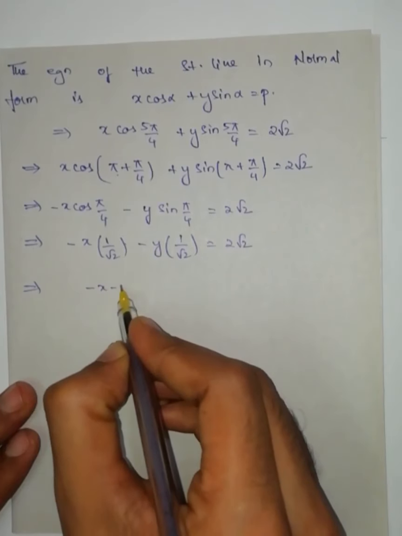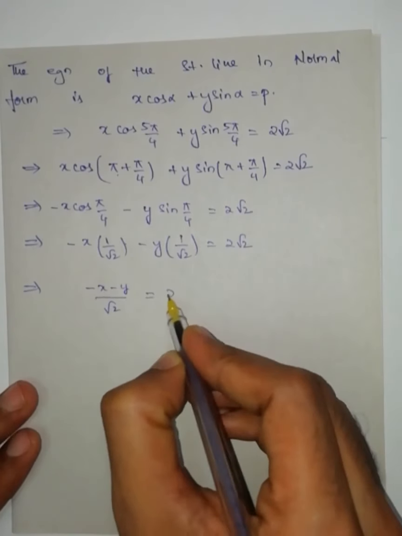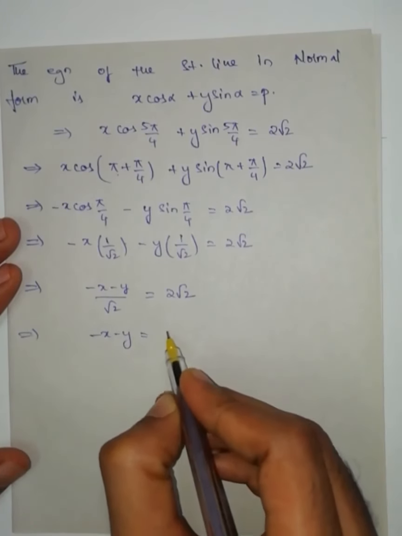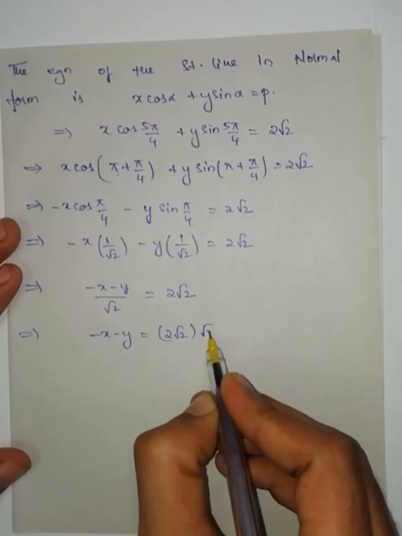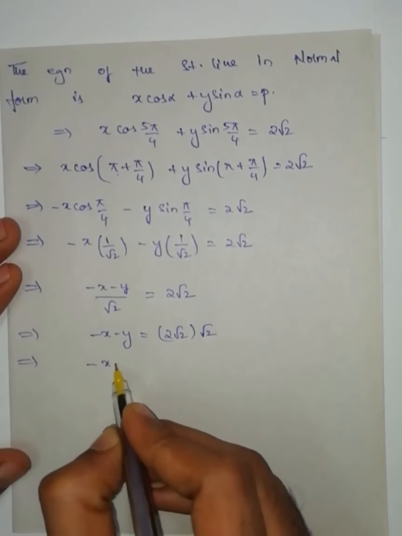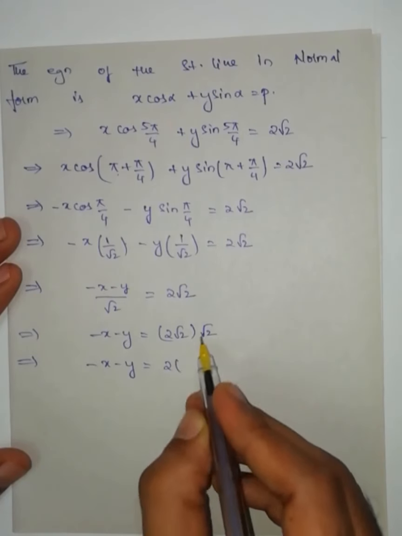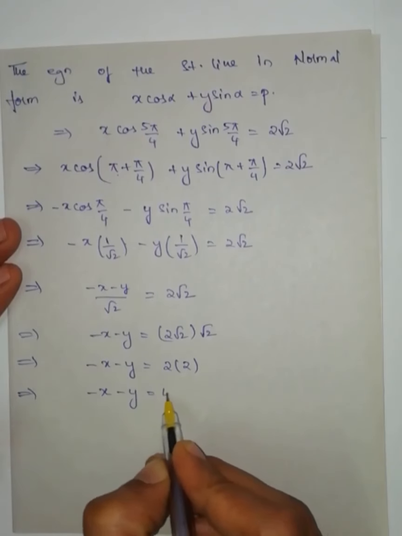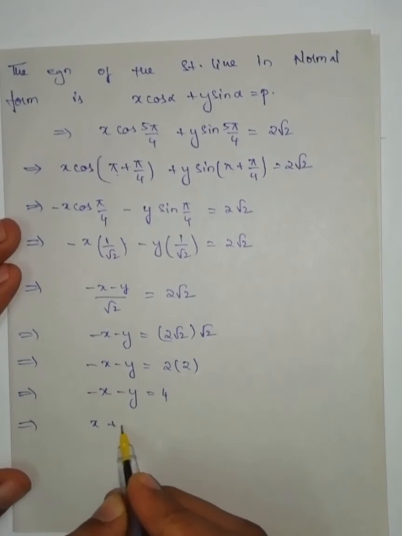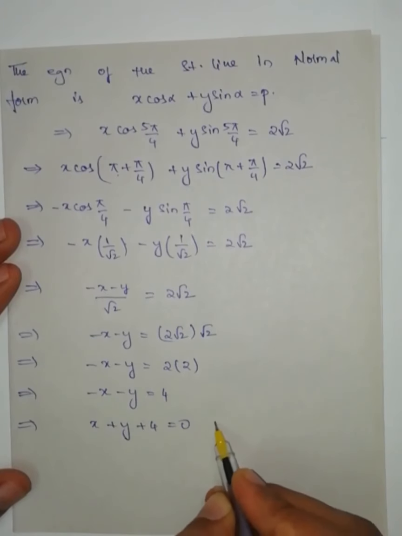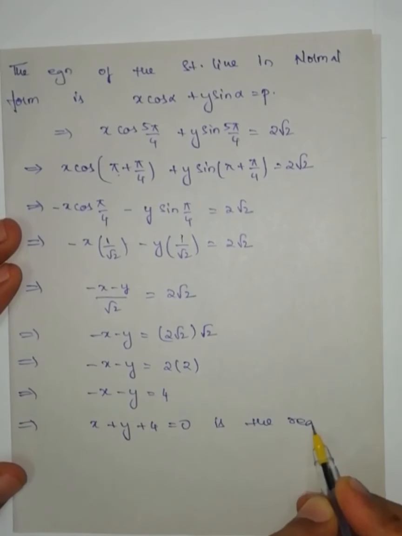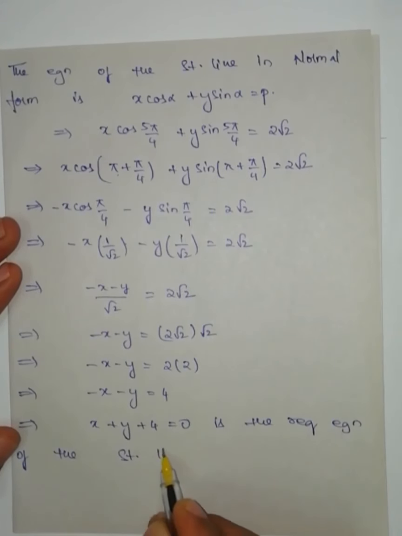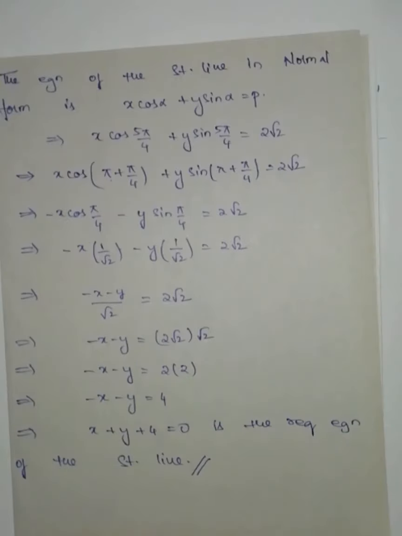LCM: minus x minus y by root 2 is equal to 2 root 2. This implies minus x minus y is equal to 2 root 2 into root 2, which is 2 into 2, so minus x minus y is equal to 4. Take all terms to one side: x plus y plus 4 is equal to 0 is the required equation of the straight line.